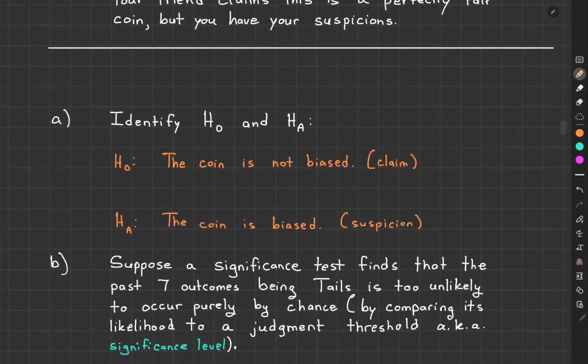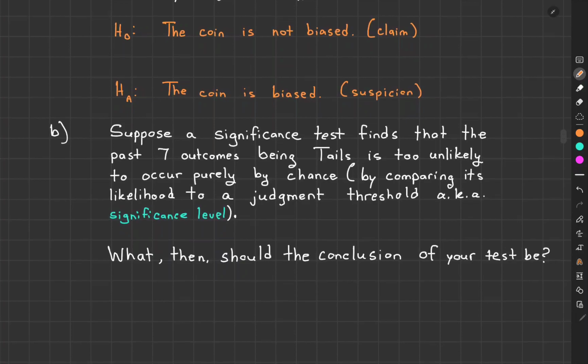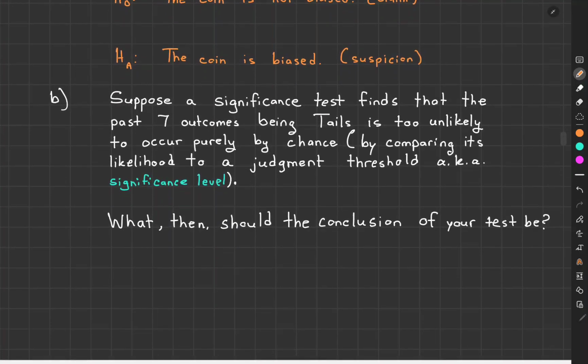Okay, now suppose we actually go ahead and carry out a significance test. And this test finds that the past 7 outcomes being tails is just too unlikely to occur purely by chance. And you would determine this maybe by comparing it to some sort of threshold. So if the probability is below a certain amount, if it's, say, less than 5% or less than 1%, then we're going to say, well, this is a very suspicious result.